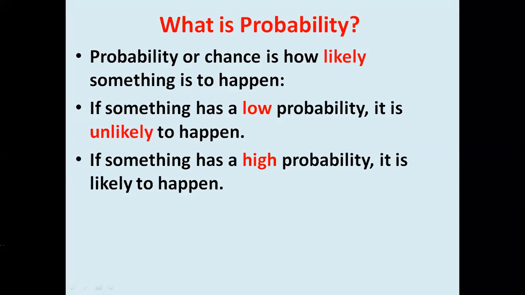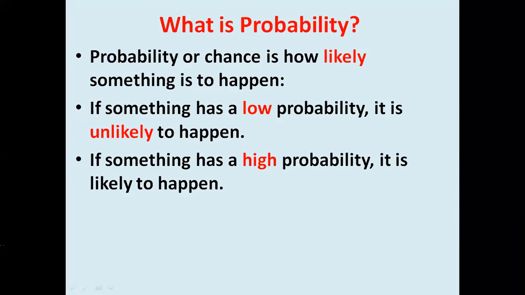Probability or chance is how likely something is to happen. That is the general meaning of probabilities. If something has low probability, it means that event is unlikely to happen. It's going to happen, but I'm not so sure about it. But if something has a high probability, it's likely to happen.